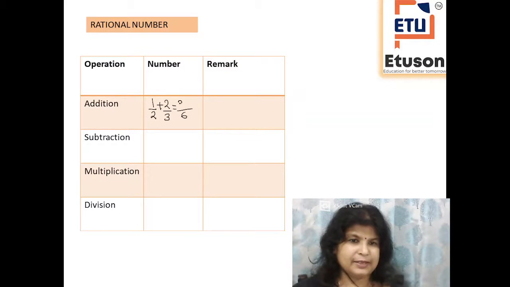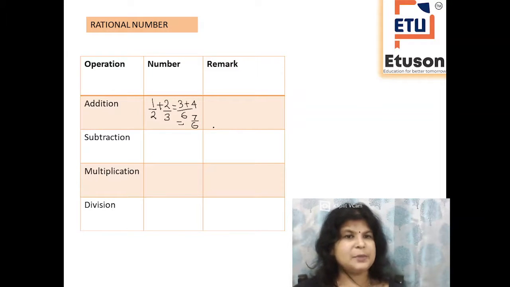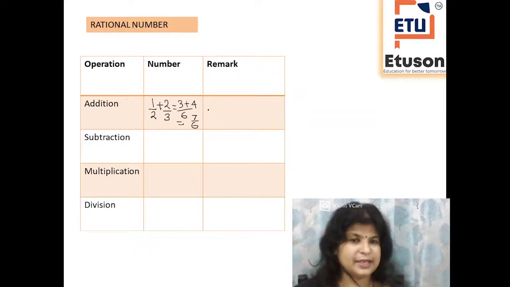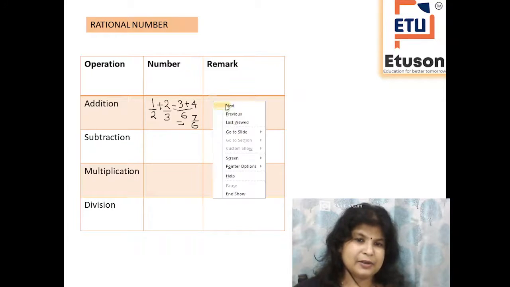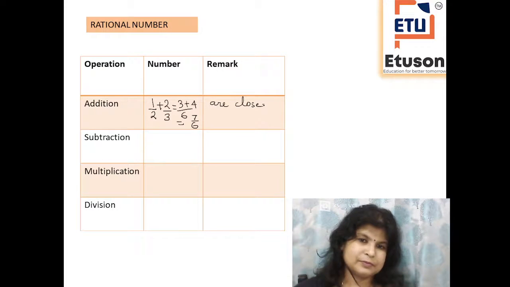So you will get 3 here, plus 2 into 2, that is 4. So the answer is 7 by 6. Is 7 by 6 a rational number? Yes, it is. So you can write rational numbers are closed under addition.